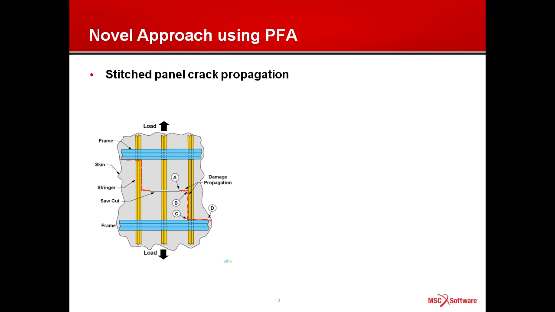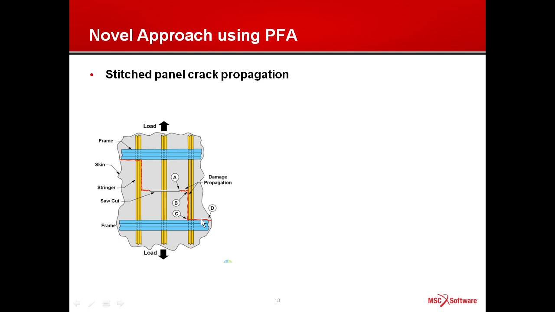You can see in the picture below, we have a stringer panel, a stiffened panel, and there's an initial saw cut across the middle, simulating the initial damage to the panel. As the structure is loaded longitudinally, you're going to see the crack emanating from the saw cut toward the stringers, and it's going to try to turn at the stringer, and eventually it's going to reach the frame.